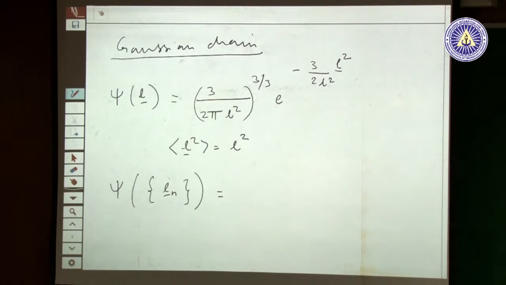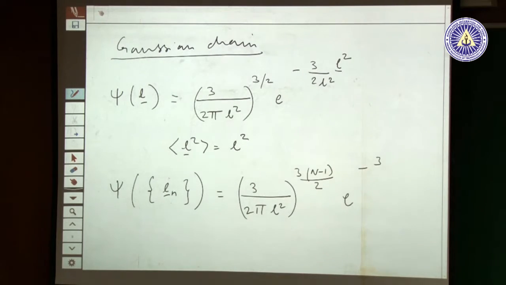distribution, right. So, you multiply n minus 1 of these. So, if you did that, you would get 3 over 2 pi L squared to the power of 3 over 2, n minus 1 over 2, e to the power of minus 3 over 2L squared, and here I will write this as sum over i from 1 to n minus 1 of r_{i+1} minus r_i whole squared.